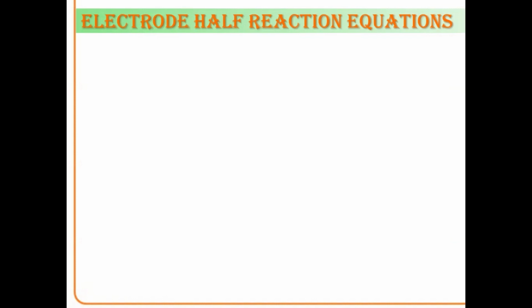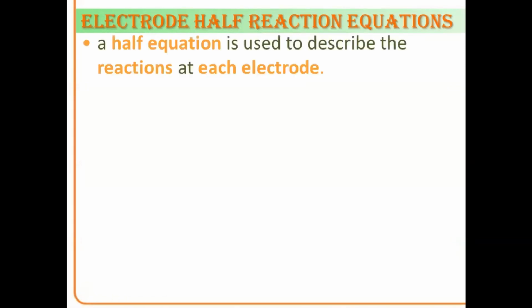Now, what's a little bit tricky are the electrode half reaction equations. As I have mentioned before, when ions move to the electrodes, there are reactions that take place at each electrode. On the cathode side, the ion is gaining electrons. On the anode side, the ion is losing electrons.